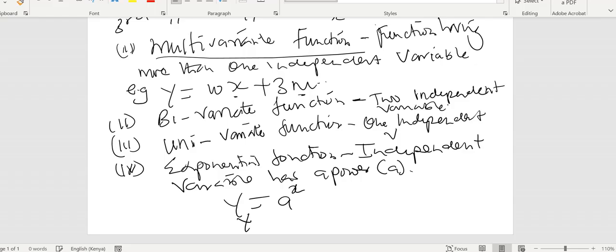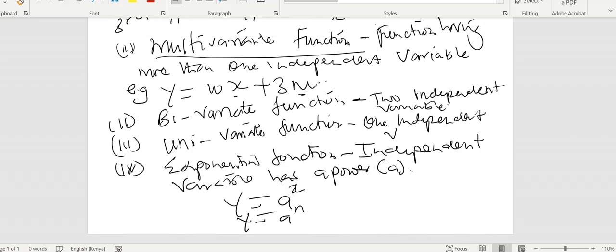Or you can be given y is equals to a raised by n. That becomes an exponential function.